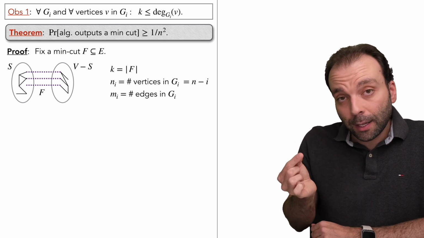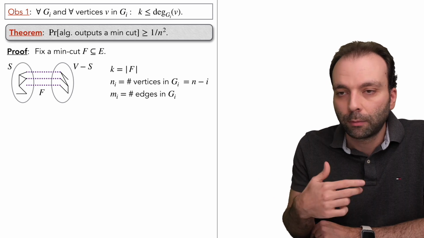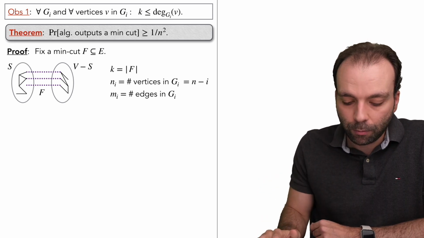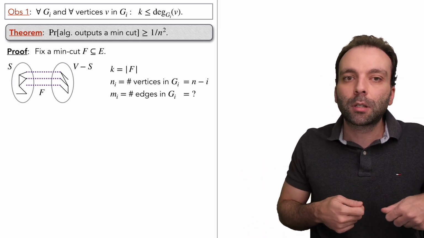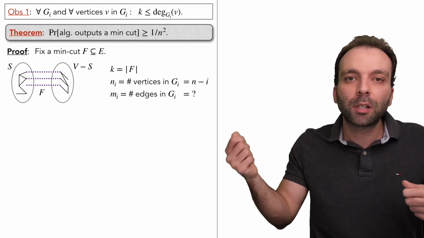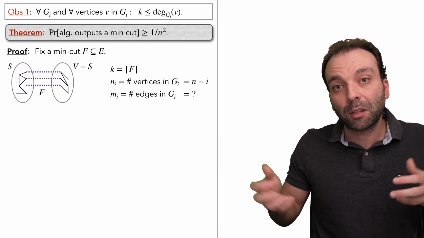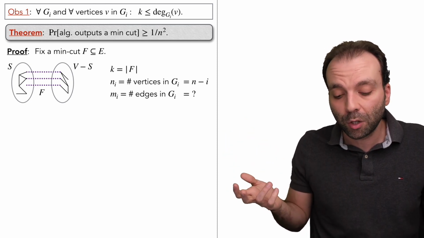Now, I could ask again, what is m sub i equal to with respect to the original number of edges m? And there, well, we don't know, right? We don't know how the number of edges evolves over time as the algorithm proceeds. You might get rid of a lot of edges in one iteration. You might not get rid of too many edges.